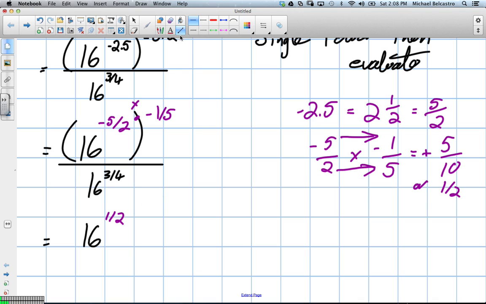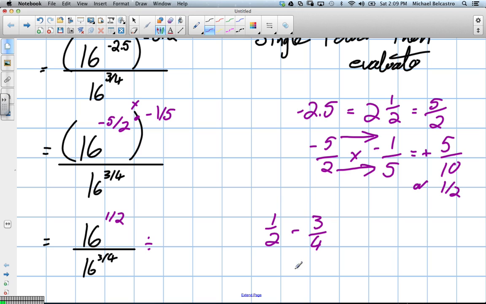Okay. And this is still divided by 16 to the power of 3 over 4. Now, because this is division, that means we have to subtract these values. So I have a half subtract 3 over 4. But in order to subtract fractions, what do I need to have? Common denominator. Yeah, so how can I make these have common denominators? 2 over 4 minus 3 over 4.